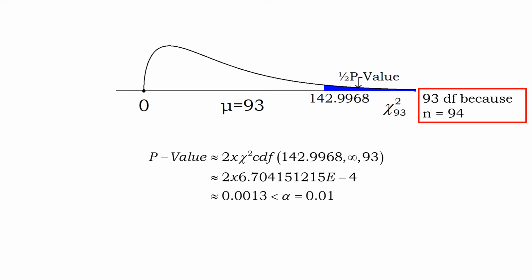So I'm going to do 2 times my chi-squared CDF, again chi-squared CDF because our test statistic, the equation, resulted in a chi-squared score. I'm going to go for my test statistic 142.9968 to the right, so up to infinity, with 93 degrees of freedom. Now, you can actually put the 2 times in with the chi-squared CDF and have the calculator do the calculation all at once.